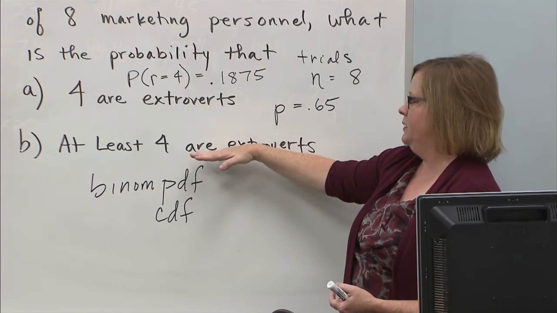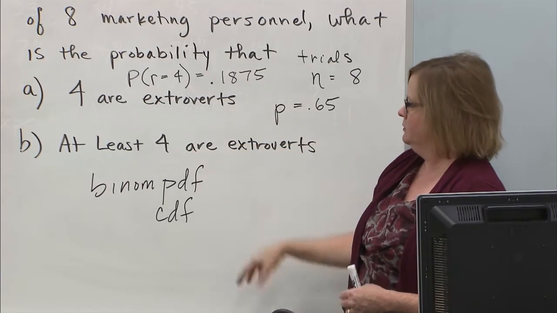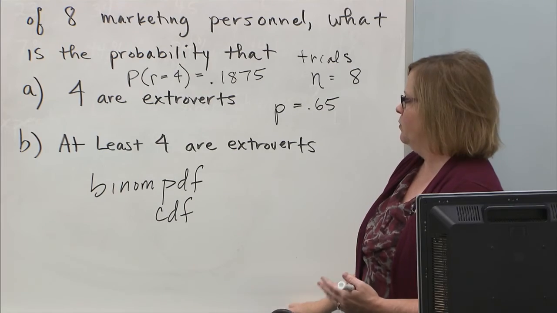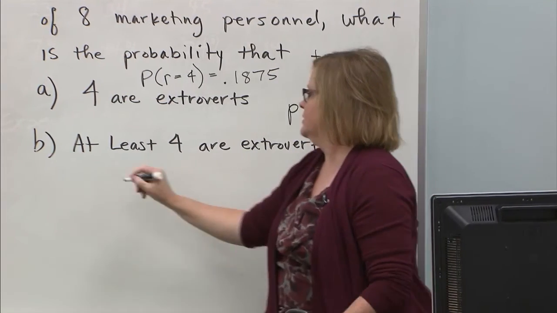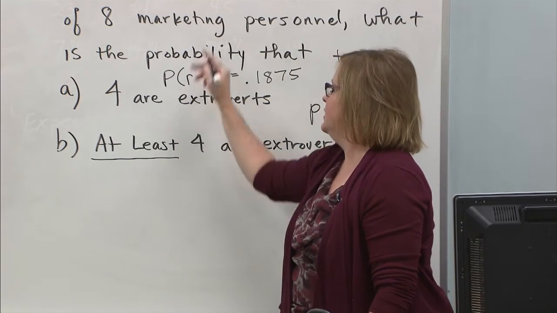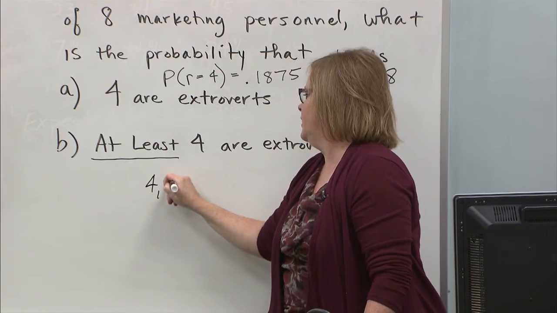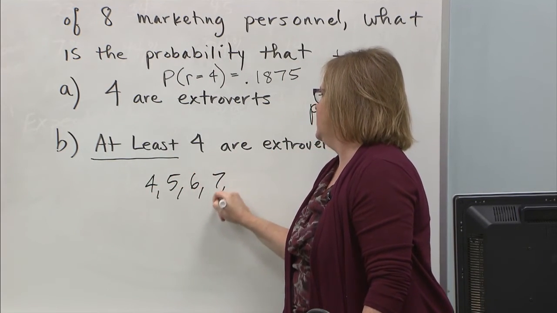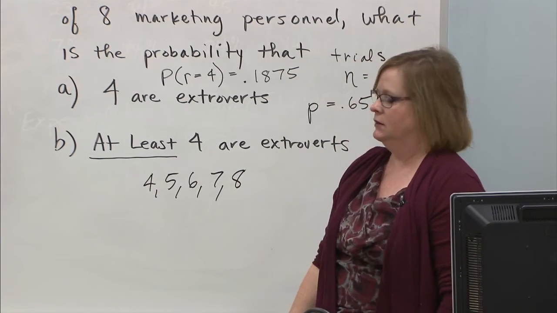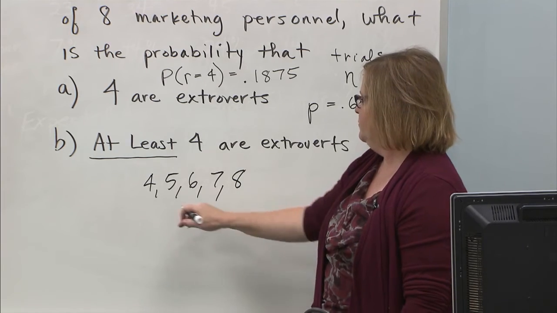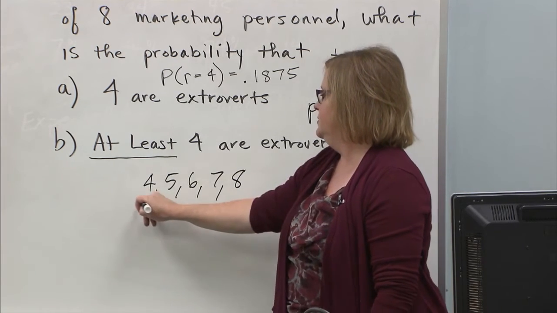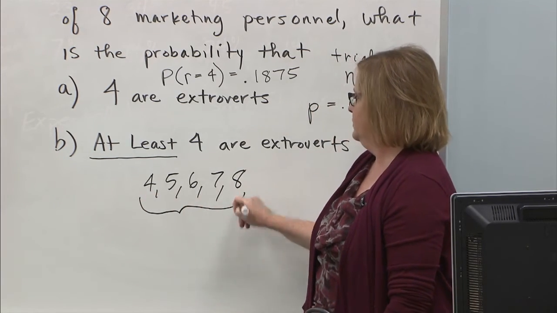So let's do part B here, which says at least 4. Now it's talking about more than just a single probability, right? Because at least 4 out of those 8 means 4, 5, 6, 7, or 8. That's 5 probabilities that need to be added together.